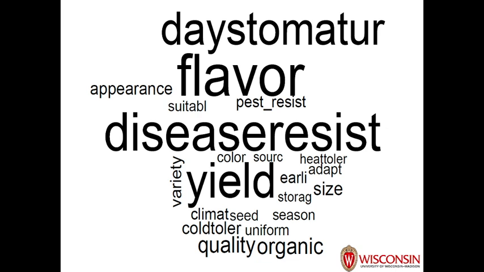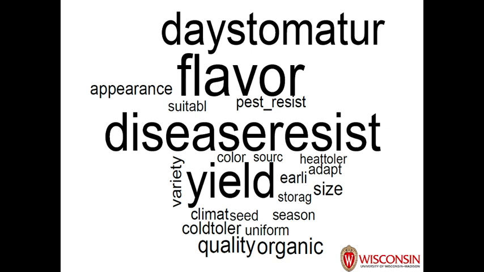Before I'm going to put it in my field, I want to know that it's going to make my CSA customers happy. And then the other things that people were interested in are a little bit more agronomic qualities, like days to maturity. Is it going to fit in my region? Is it something that's actually going to yield in the time that I need it to? Disease resistance and yield being things that most folks are interested in.